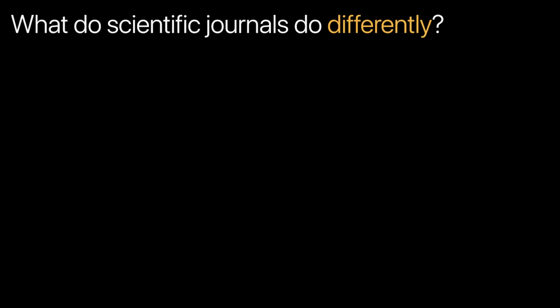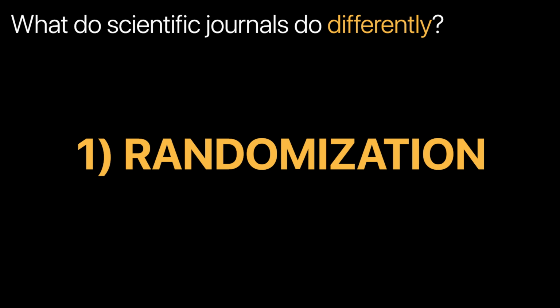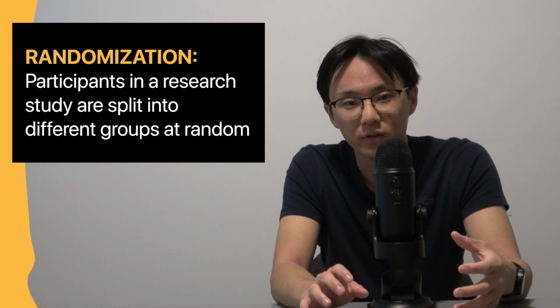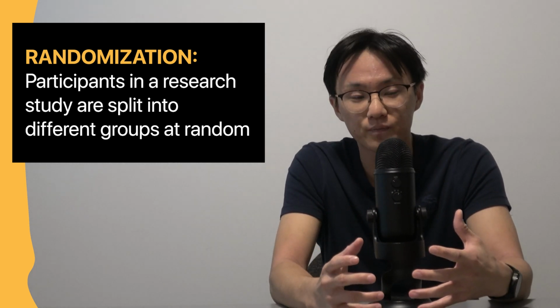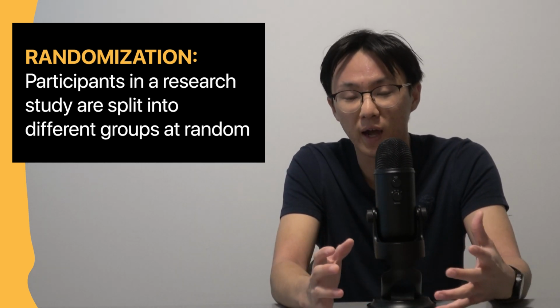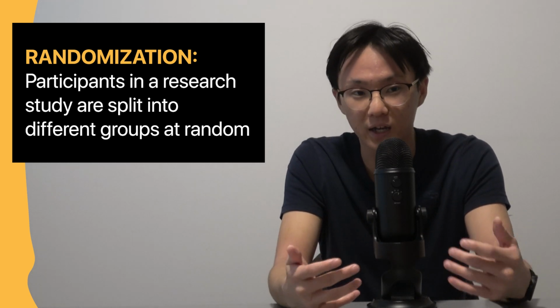The first thing, very simply, is called randomization. So randomization is when each participant that's a part of that research study is split into different groups at random, not selected by the actual researcher.